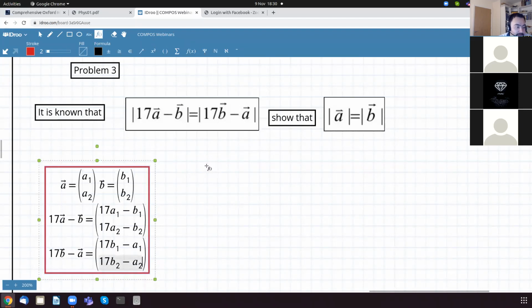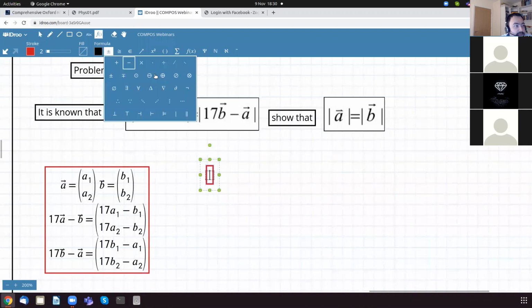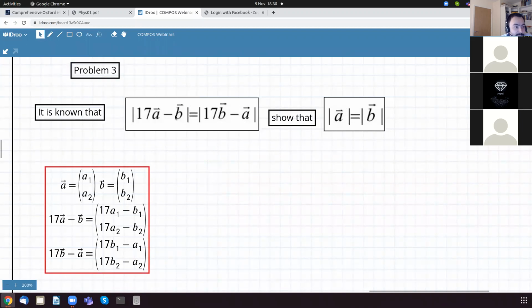Fantastic. And then we just write down the modulus, and we know the modulus of a vector is the square root of the x coordinate squared plus the y coordinate squared. And also, to simplify things, we can say that if the moduli are equal, that means the squares are also equal. So if you square both sides, it's still the same. That will make life a tiny bit easier.